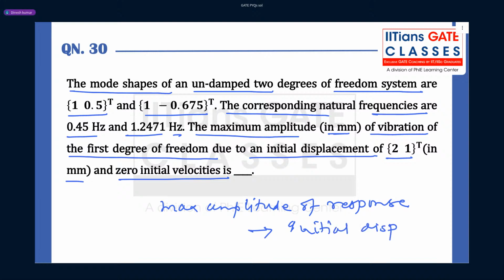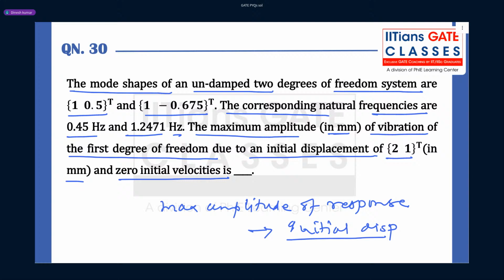This is undamped vibration, there is no damping also. So in this case, or in any case of free vibration, the maximum amplitude of the response will always be equal to the initial displacement of that mass.